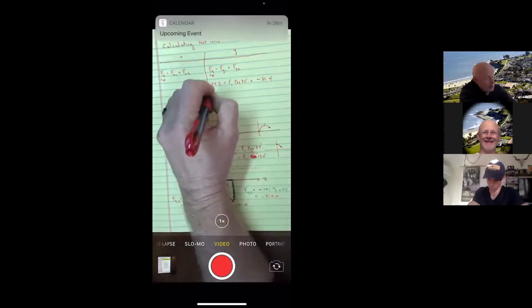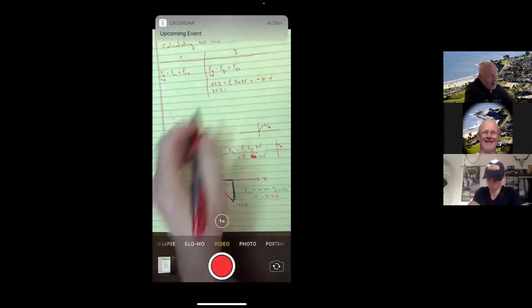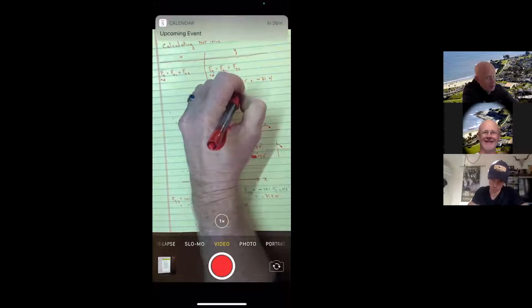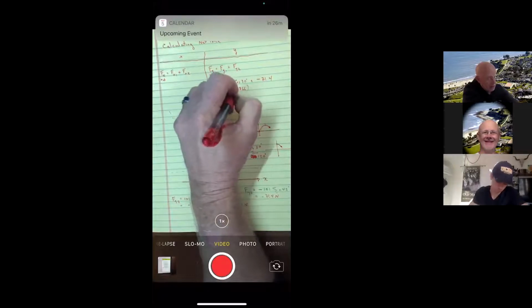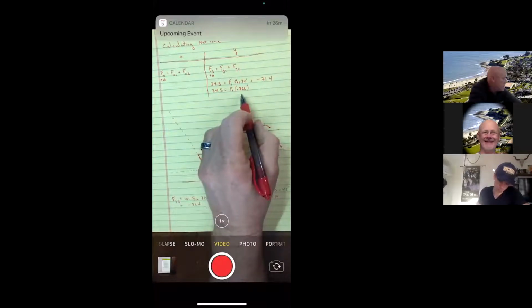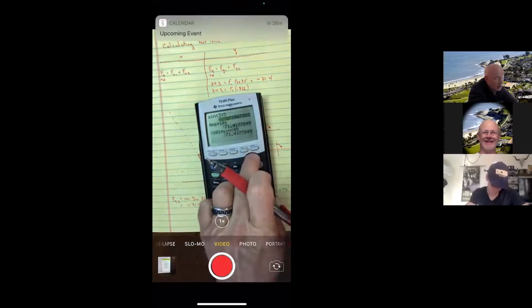All right, so if I put in the 34.5, and then the cosine of 30 degrees is that magical, what is it, root 3 over 2, 0.866. I did it earlier. Let's see if I can scroll up to it. Yeah, there it is.